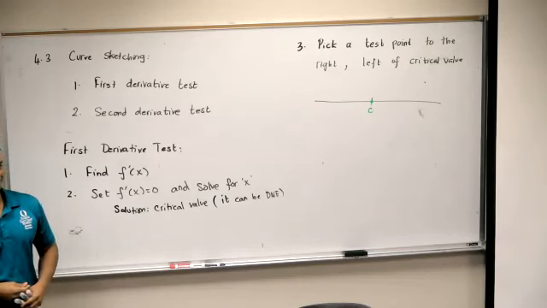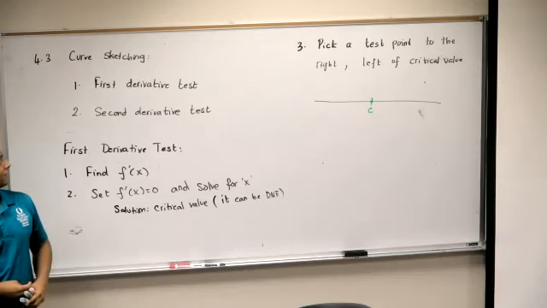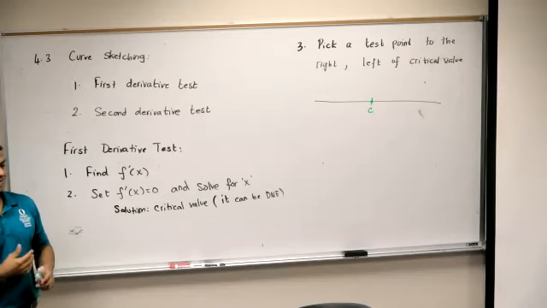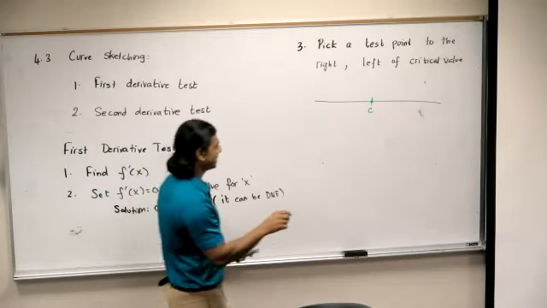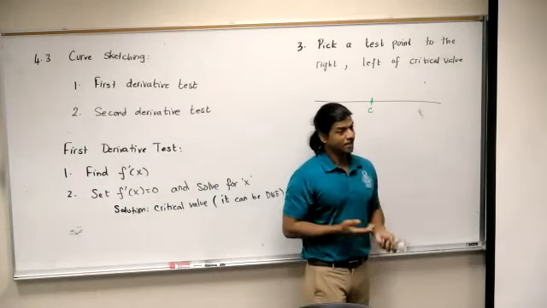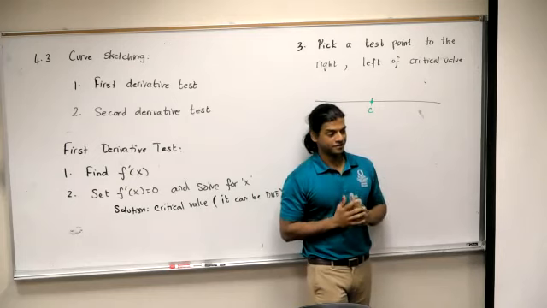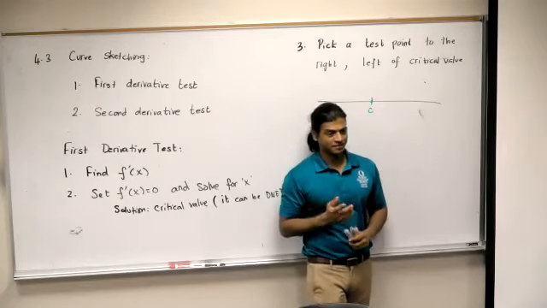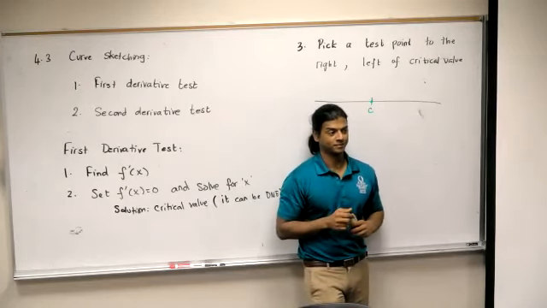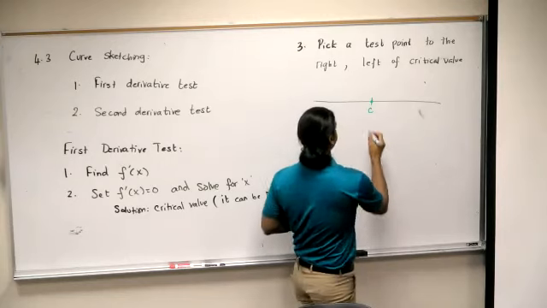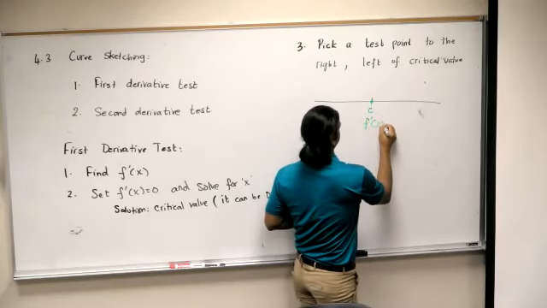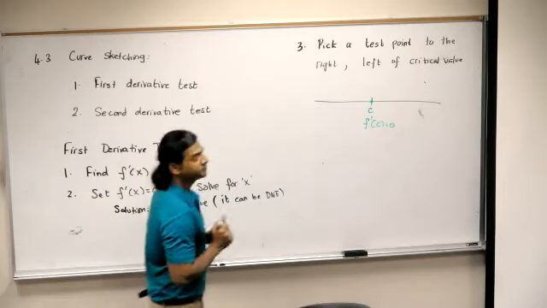Are we talking about this as if we're imagining an imaginary function, or as if it's just a straight line? Because if it's a straight line, then the critical value would be every single point. We're not talking about a straight line, we're talking about any function, and I'm going to tell you that C is a critical value, and I want to know the value of the derivative at the critical value. 0.